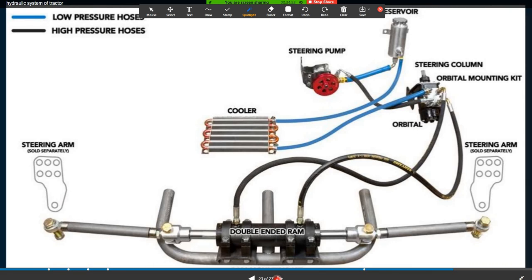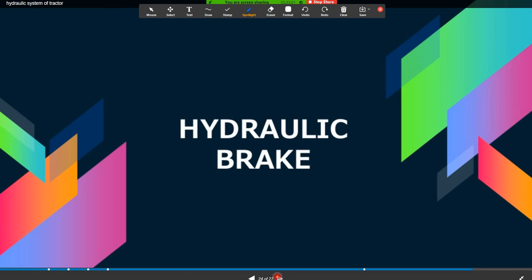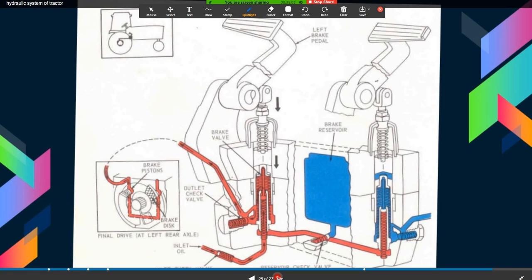So you can see how the hydraulic system works here; we will see the steering systems in detail. Now you know the hydraulic brakes work again on the basis of the hydraulic system, which we already discussed in the last lectures.